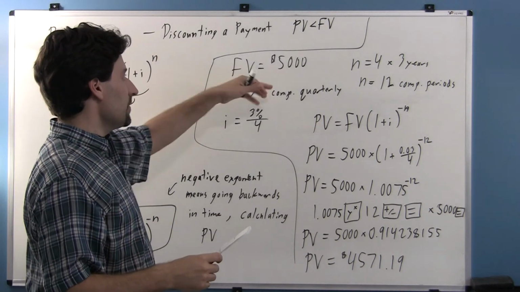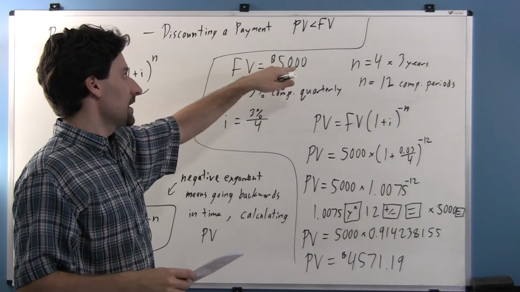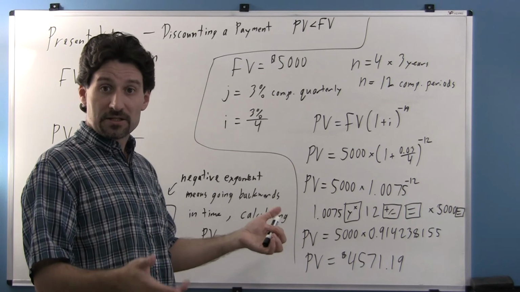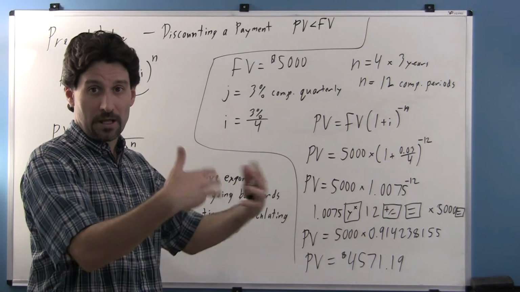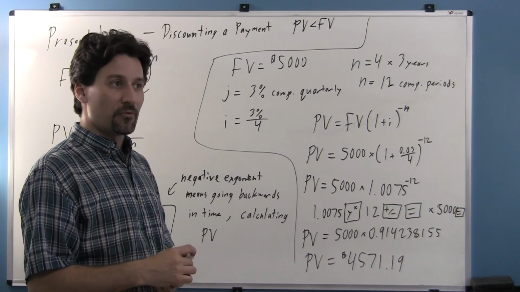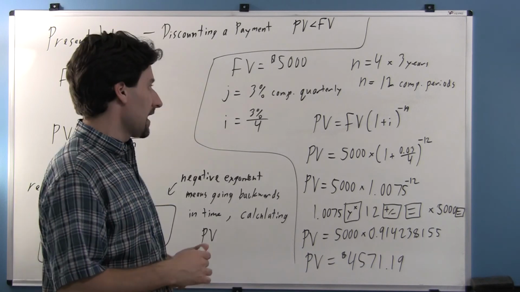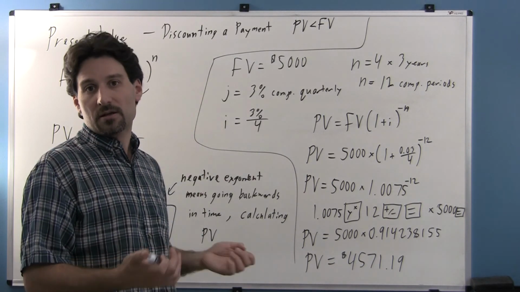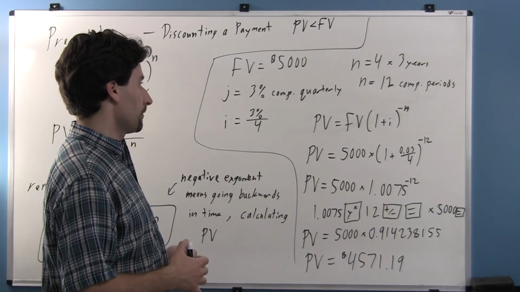We've discounted the payment. We went backwards and found that if you want to end up at $5,000, you need to invest less than that because it will have time to earn interest. And remember, if we ever refer to the discount rate, that is just the interest rate we talked about. So 3% compounded quarterly is the discount rate.